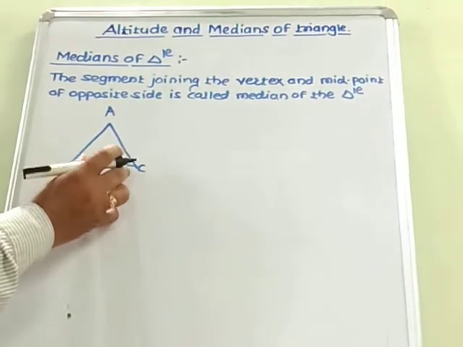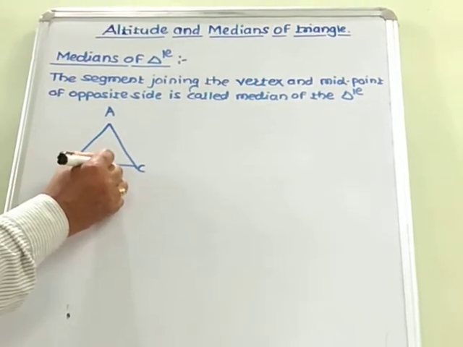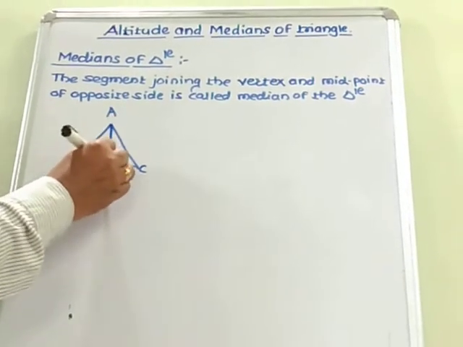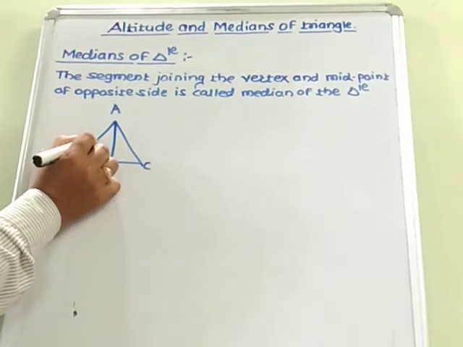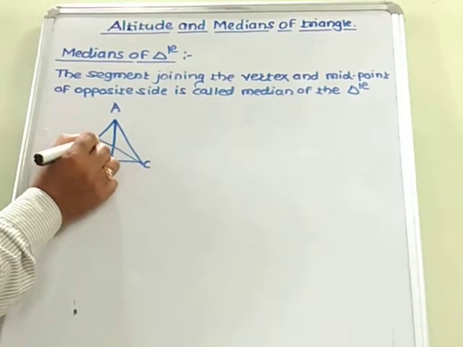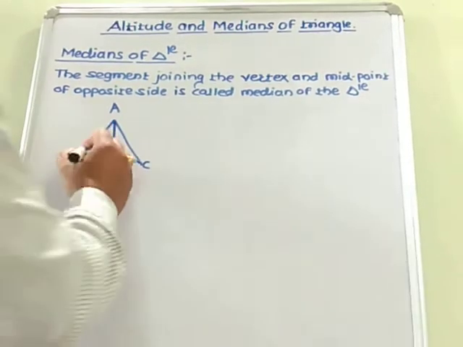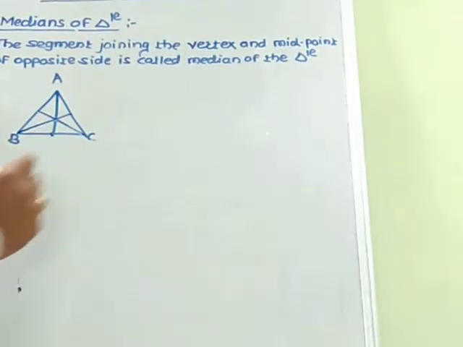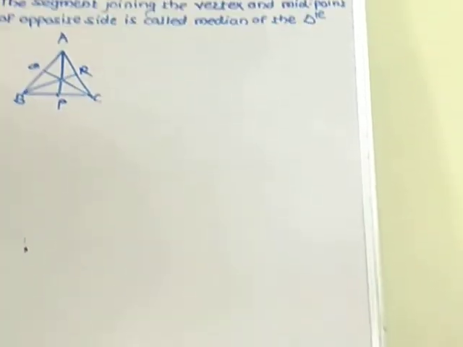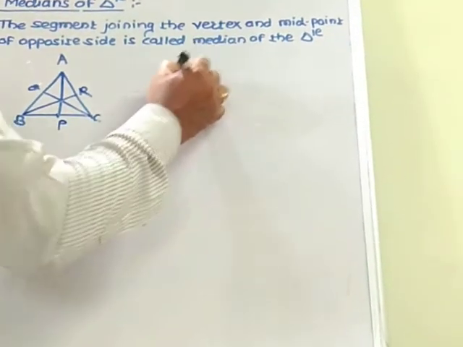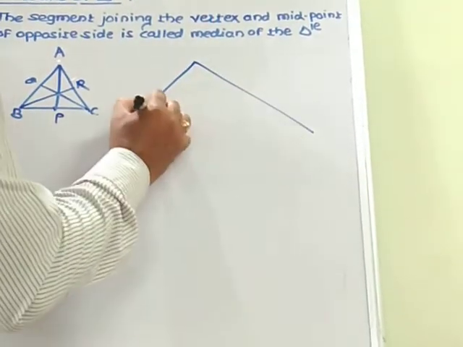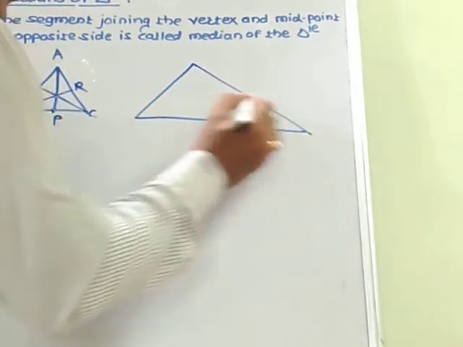Here, what is the midpoint? This is the midpoint, therefore it is joining. From this side also there is a midpoint, on opposite sides, that means P, Q, R. Then you are asking me what the difference is between altitude and median. Look here.